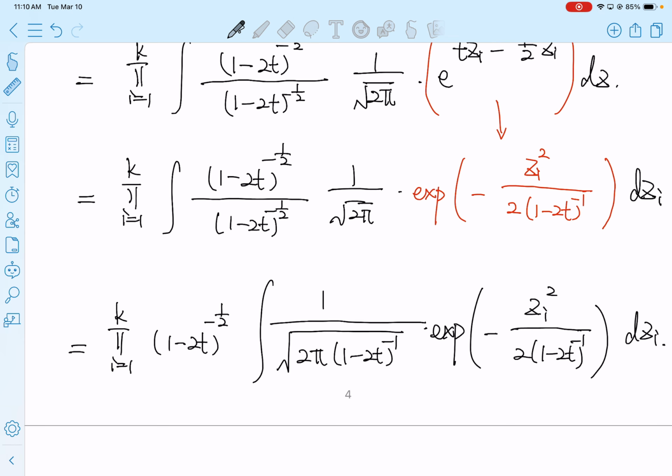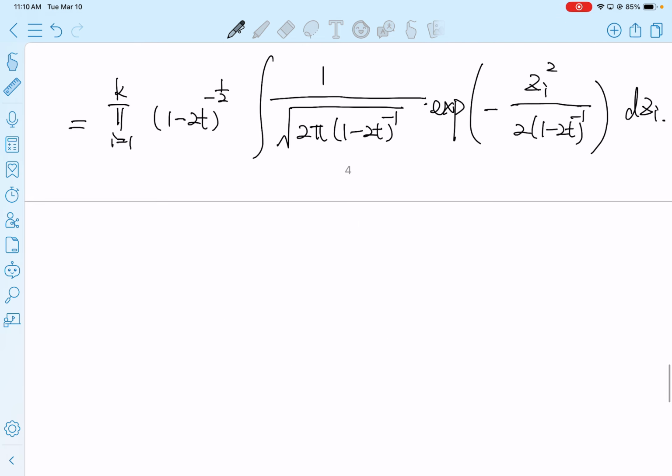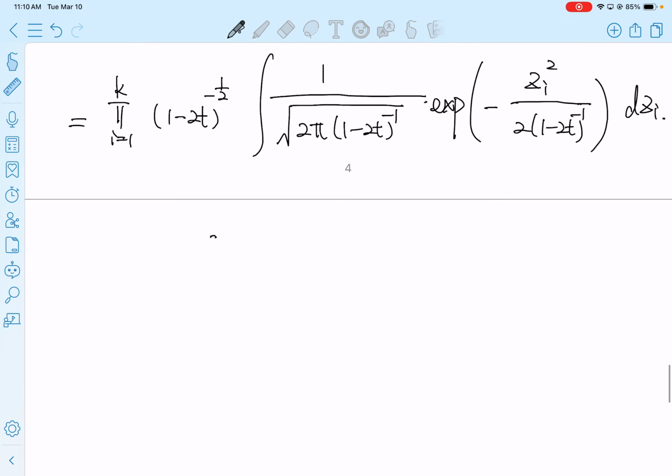Yes, exactly. Now the follow-up question is, what is this new normal distribution, the mu and the variance here? So we're recognizing the thing inside the integral is a normal. Okay, that's correct. My follow-up question is, what is the mean here? What is the variance here?